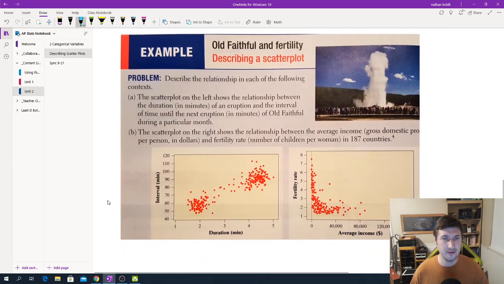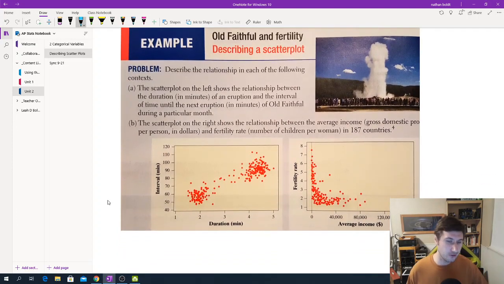All right, so here's one from the book. We'll actually write good answers here with a complete sentence with context in it the way that we're supposed to. All right, so describe the relationship in each of the following contexts. So A, the first one on the left.